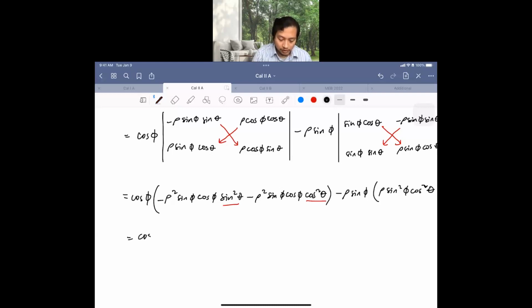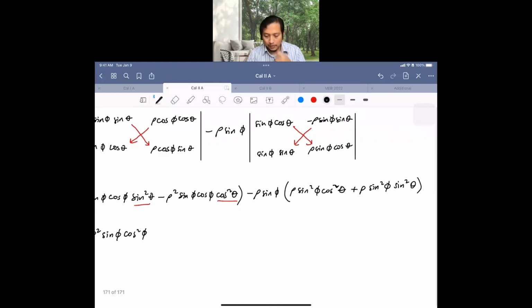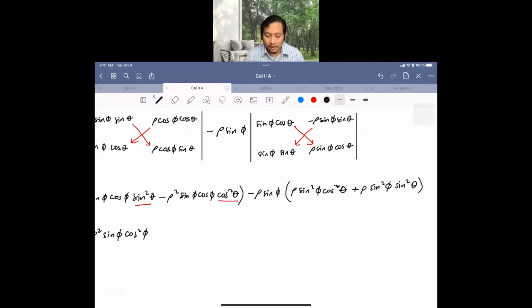So this is negative rho squared sine phi cos squared phi. And this one also the same, we get negative rho squared sine phi with sine squared phi.